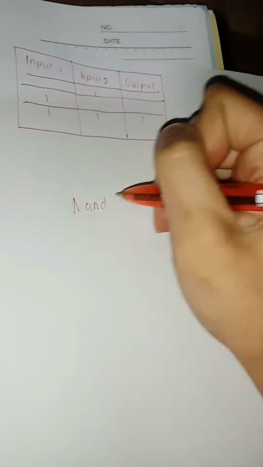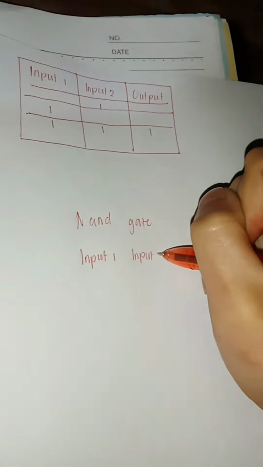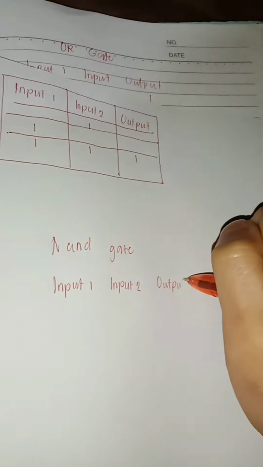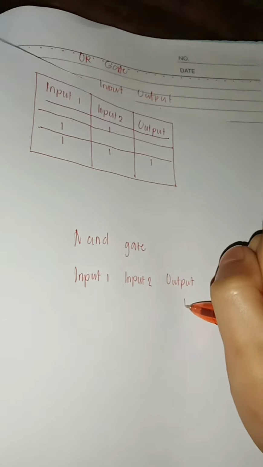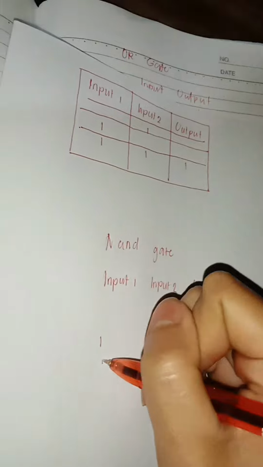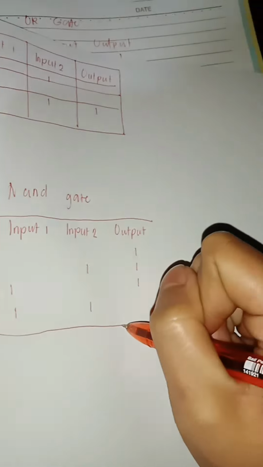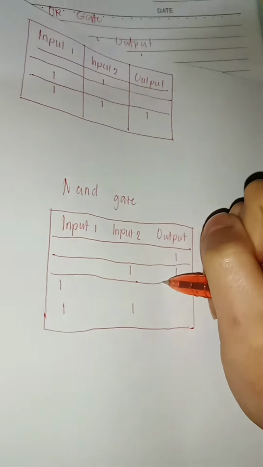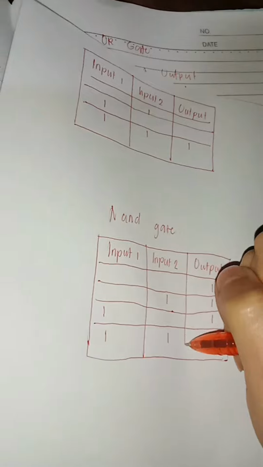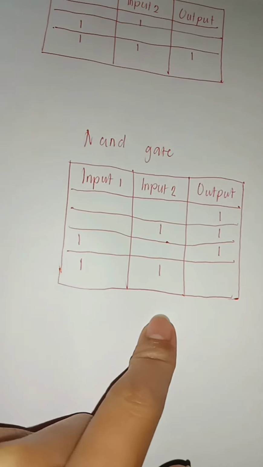So next, let's have the NAND gate. The NAND gate operates as an AND gate followed by a NOT gate.